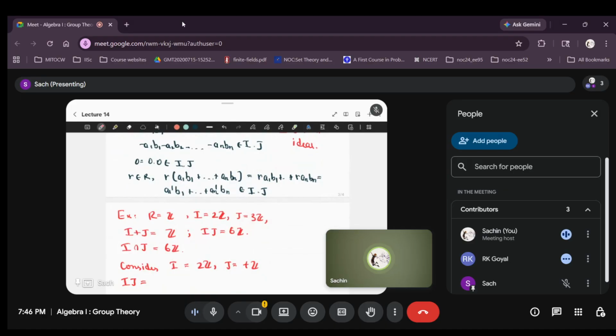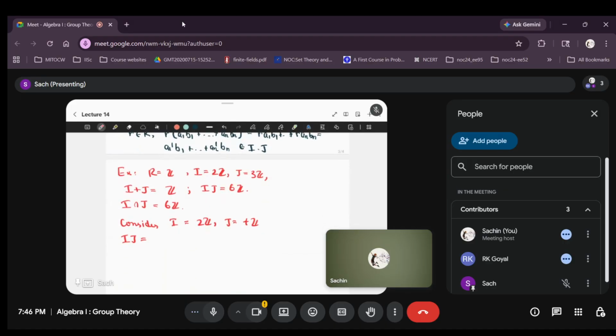Does IJ contain 6? Can you write it as an element of I times an element of J, or the sum of those things? Yes, IJ is 8Z. So it is not the LCM. I intersection J is the one with the LCM. I intersection J is 4Z.